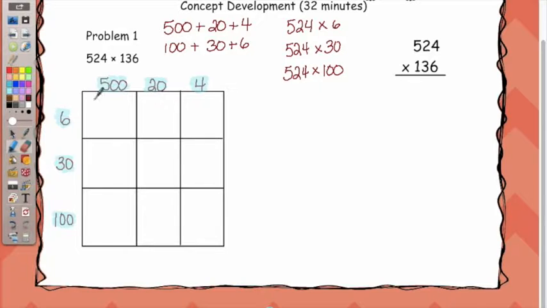When you multiply, put your numbers toward the top because there might be some addition you need to do within the area model. If you can't add across in your head, a couple options would be to put the 24 plus the 120 and then add it to the 3,000.